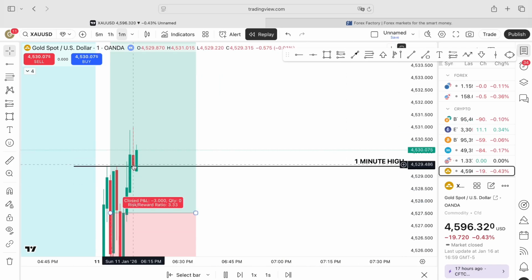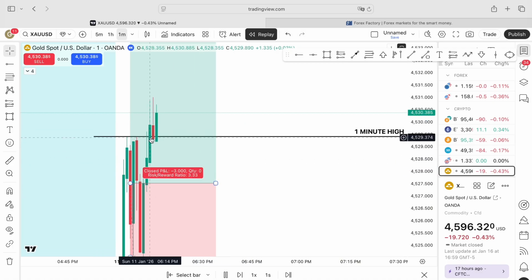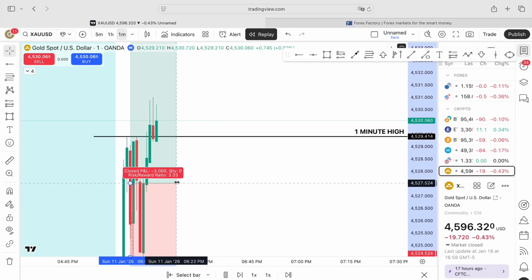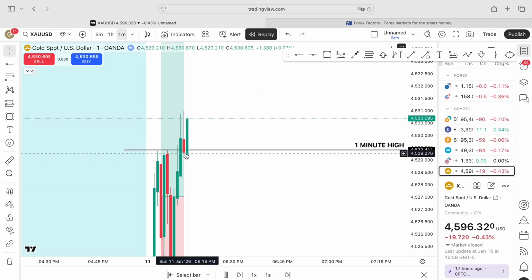I don't trade this. This is what's called an invalidation candle. Now, if this closes as a bullish engulfing, I'm taking that all day, every day. And then my stop loss is going to be right underneath this. I'm not playing no games with the market. If this closes as a bullish engulfing, I'm taking that.